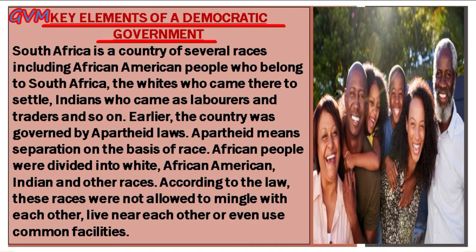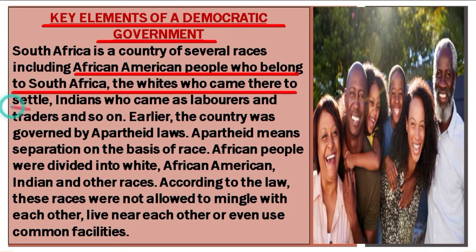Students, South Africa is a country where people of several races live. That is to say, people of different colors live in South Africa, including African people who belong to South Africa, the whites who came there to settle, and in the same way the Indians who came there as laborers and traders and so on.